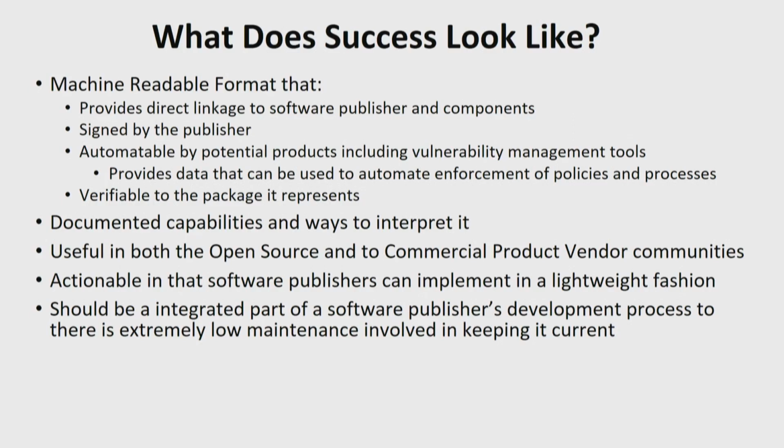Things that can be signed, because in addition to the composition, there are issues associated with chain of custody. Where did it come from? How did it get here? And all of this must be automatable, because there's just too much volume and velocity right now to make anything but automatable solutions viable.